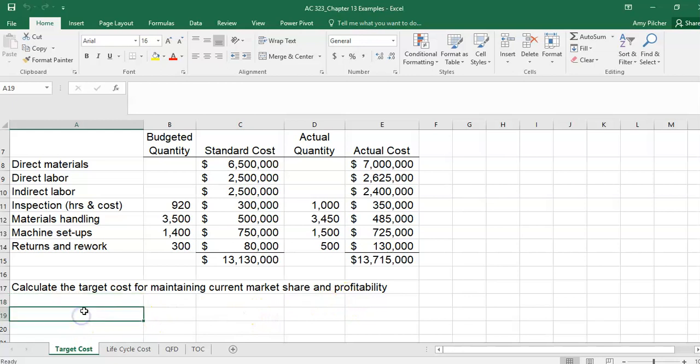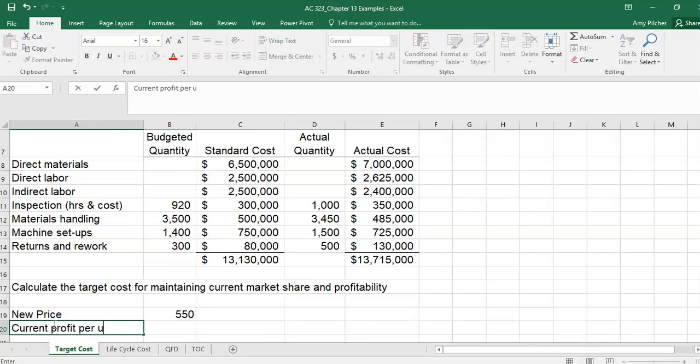So we have our new price of $550. And we want to know what our current profit per unit is. To do that, we need to know what our current costs per unit.